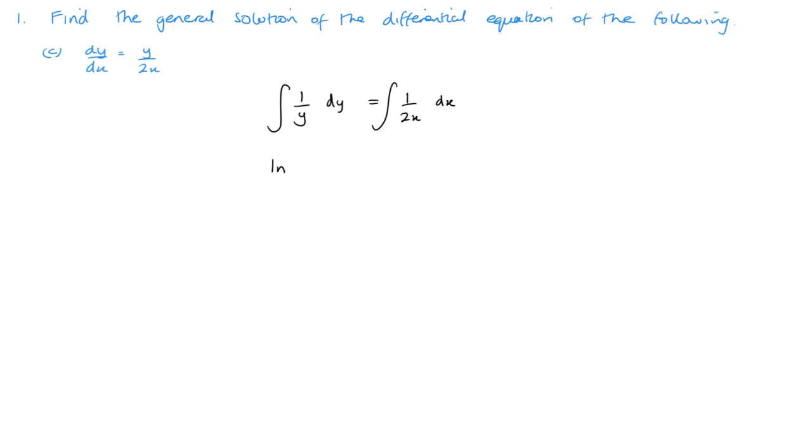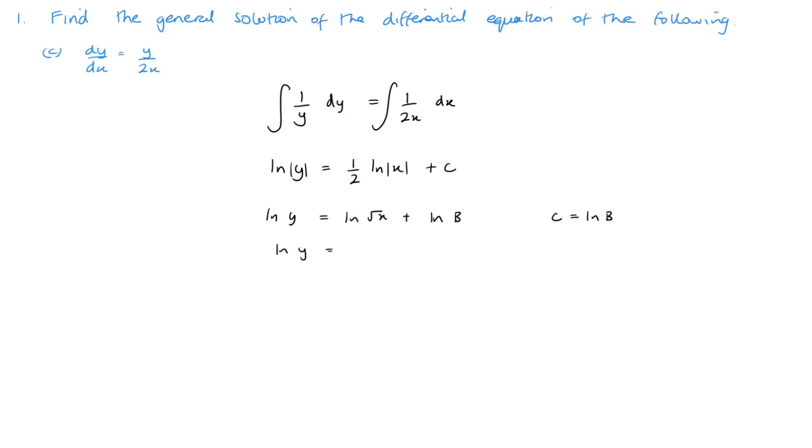So this is going to be log y equals half log x plus c. Now, this isn't particularly nice in this form. So I could, for example, have it log y equals log root x plus log, let's call it b. So c equals log b.